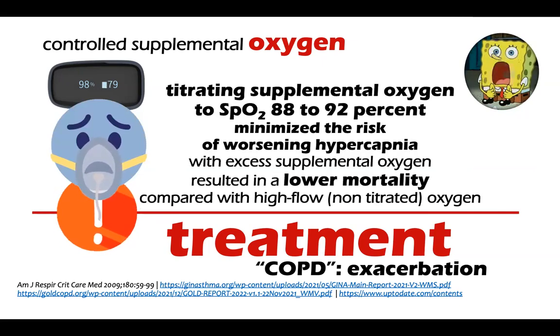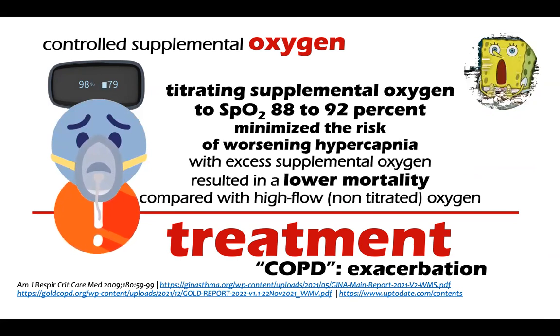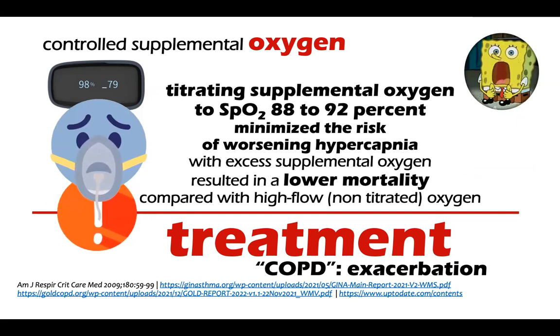Because again, when you titrate to between 88 to 92, as you can see, you minimize the risk of worsening hypercapnia, and it does reduce the risk of your patient dying, because whenever you give excessive oxygen, you increase mortality in your patients with COPD. So don't just crank that oxygen up to the maximum.